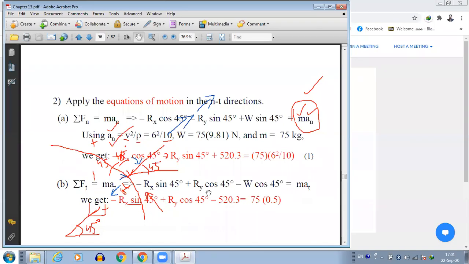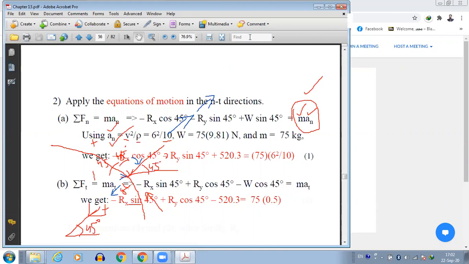Is it clear? Okay, so is there anything in the solution of the problem which any of the students do not understand? You can ask. An is always positive. Yeah, an is always positive.